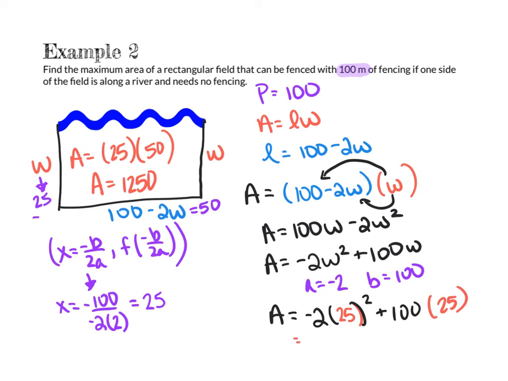Negative 2 times 25 squared is negative 1250, plus 100 times 25, which is a positive 2,500. That's really just 2,500 minus 1,250, which is 1,250.